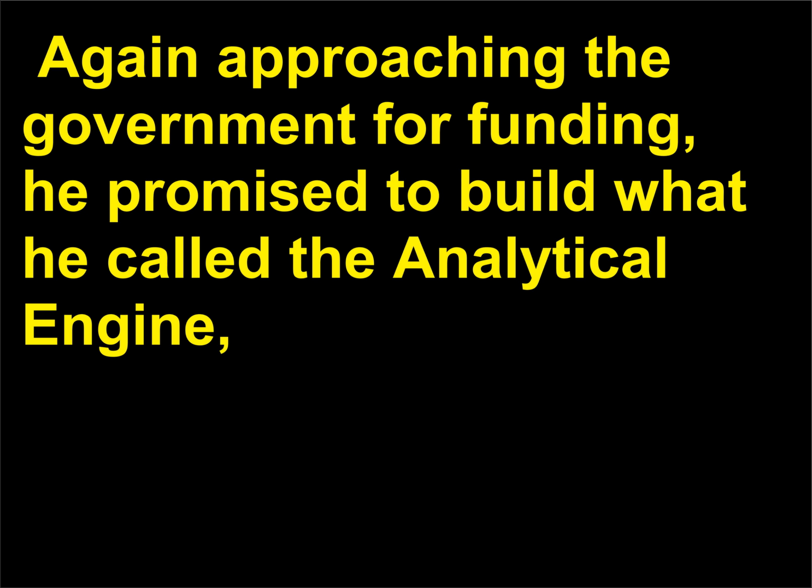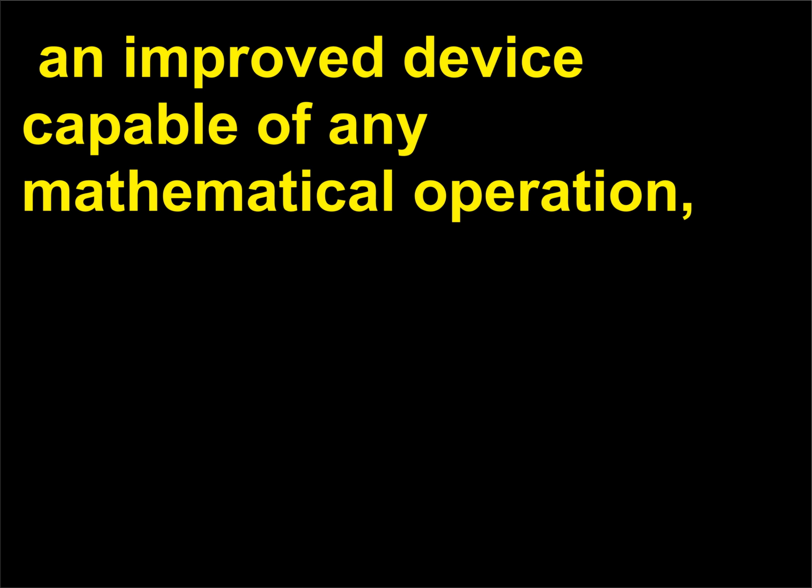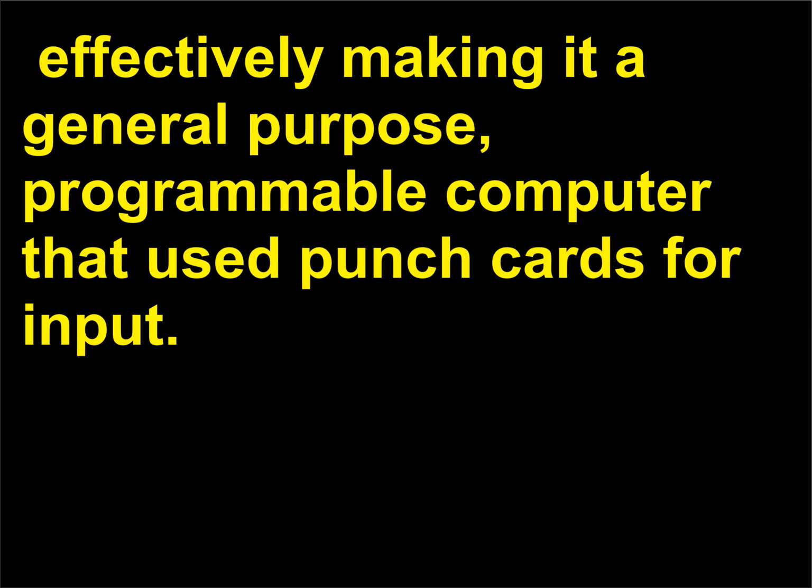Again approaching the government for funding, he promised to build what he called the analytical engine, an improved device capable of any mathematical operation, effectively making it a general-purpose, programmable computer that used punch cards for input.